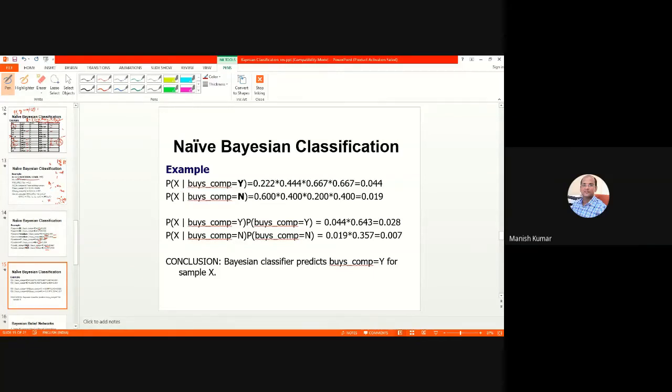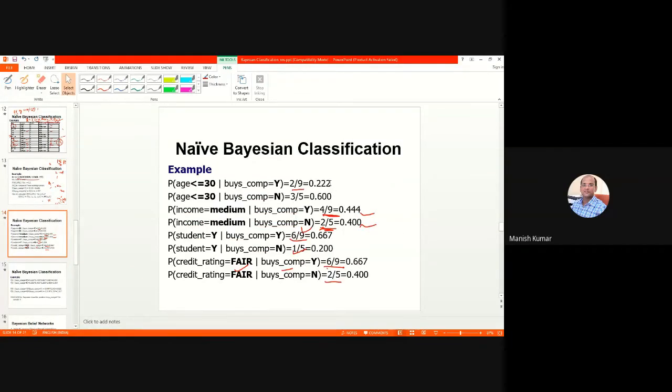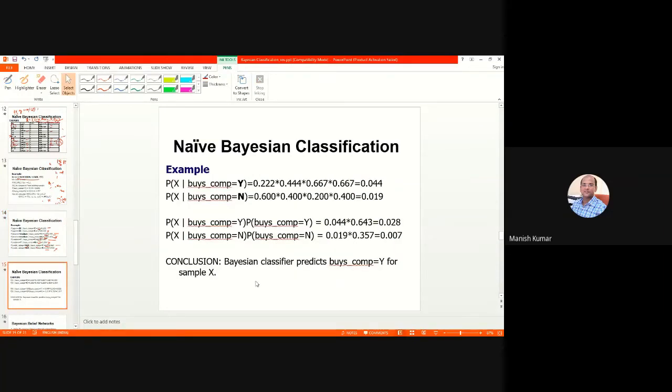So you will be multiplying this, this, this, this. And for the other one, where class is no, you will be multiplying this, this, this.